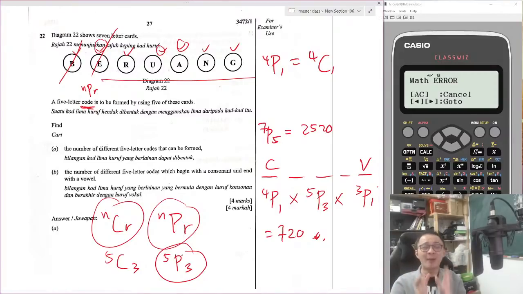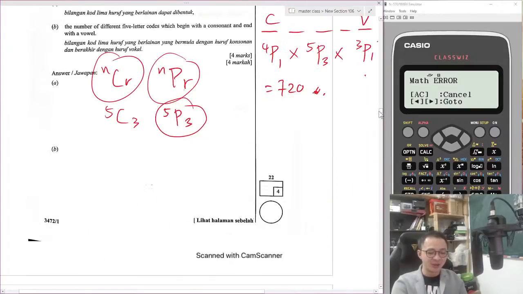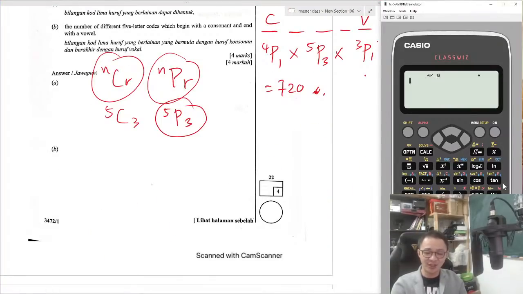That means there is one more process, called arranging the 3 items. I can prove it using the numbers themselves. 5C3 gives 10, but 5P3 gives 60.